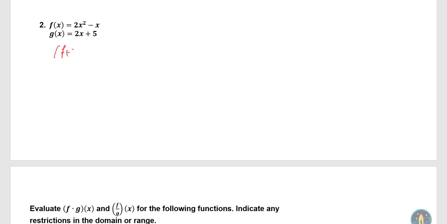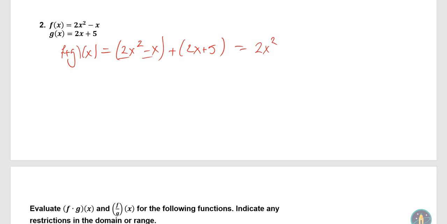So f plus g of x equals 2x squared minus x plus 2x plus 5. So 2x squared has no other similar terms, so we just list it as is. Minus x plus 2x is plus x, and then plus 5 is just plus 5. Nothing else like it. Okay?